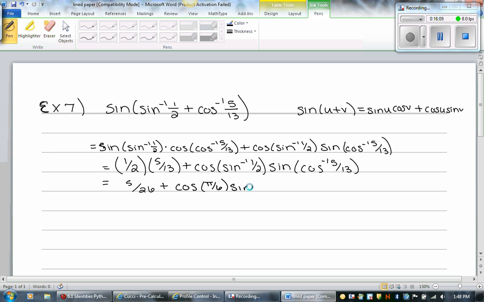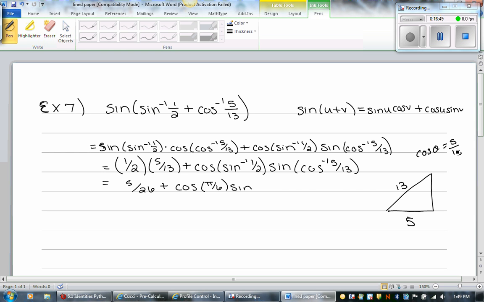And then sine of cosine inverse of 5/13. When does cosine equal 5/13? Now that you actually do have to go and figure out. So we can build a reference triangle in quadrant 1, with adjacent and hypotenuse, because this is cosine theta equals 5/13.